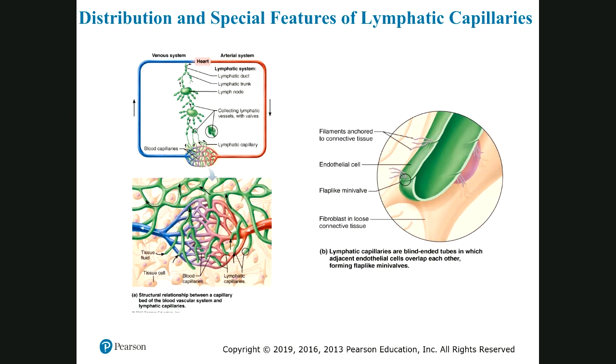And those nodes, as I said, clean up this fluid. And once this fluid, that is lymph, is within the blood vessel, we call it plasma again. And this is why we have it like a closed loop, like a little circle, right?